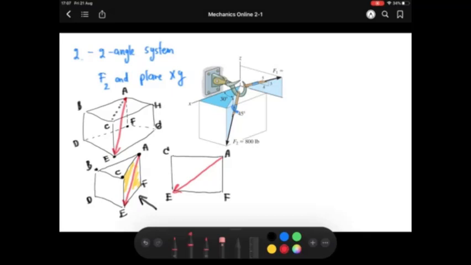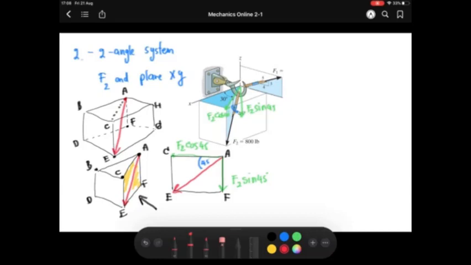According to the question here, they give you 45 degrees here. So it means that you can find the components AF as F2 sine 45, and AC as F2 cos 45, which is this one F2 sine 45, and then this one F2 cos 45.